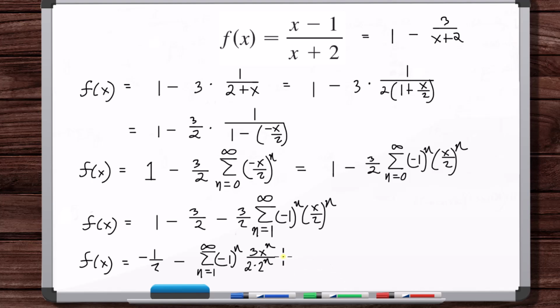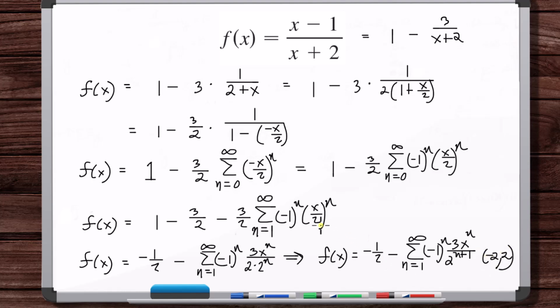And so what we've got is minus 1/2, and this goes from minus 2 to 2, not including the endpoints. Now, you didn't have to go through all these extra steps to put it into this form that the textbook put it into, but I'm glad we did that. That's just some good practice of rearranging and manipulating series.